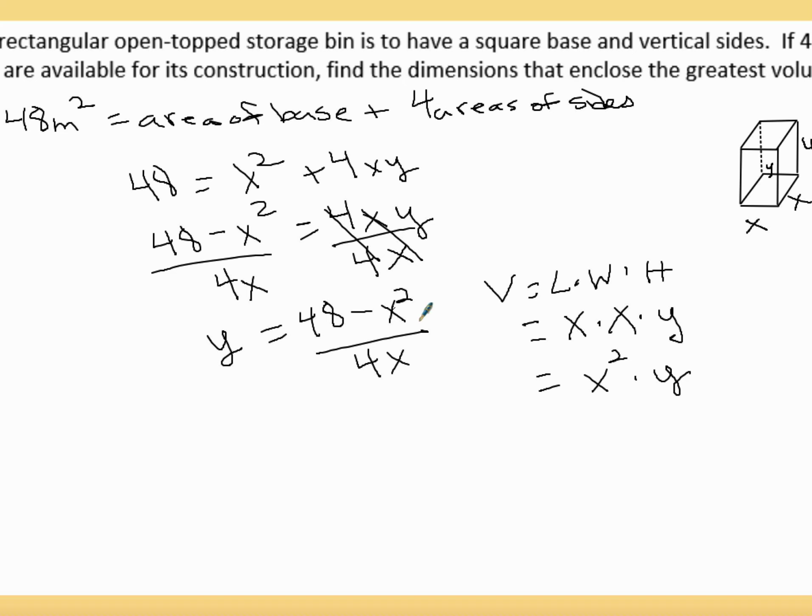And of course we know what y is now, since we conveniently solved for y already. It's (48 minus x squared) divided by 4x. So I'm going to substitute that in here. So my volume is equal to x squared times (48 minus x squared) divided by 4x.